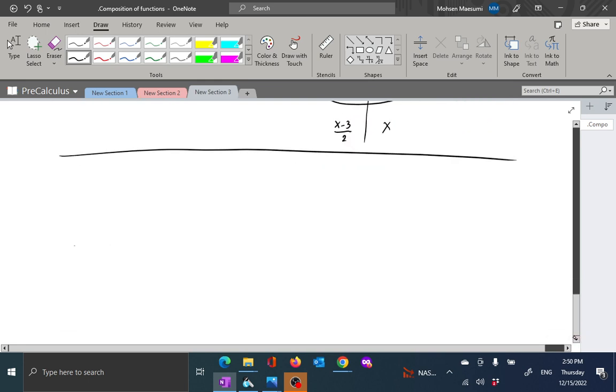So suppose given f of x, say 5x plus 7, and g of x, say x minus 7 over 5, are f and g inverses of each other?